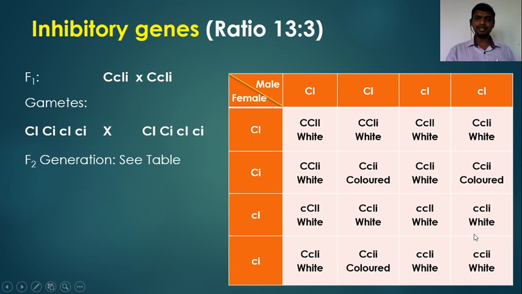Similar is the case here. Sixteen combinations of various genotypes have been formed using a checkerboard by crossing the gametes from the male parent and the gametes from the female parent.